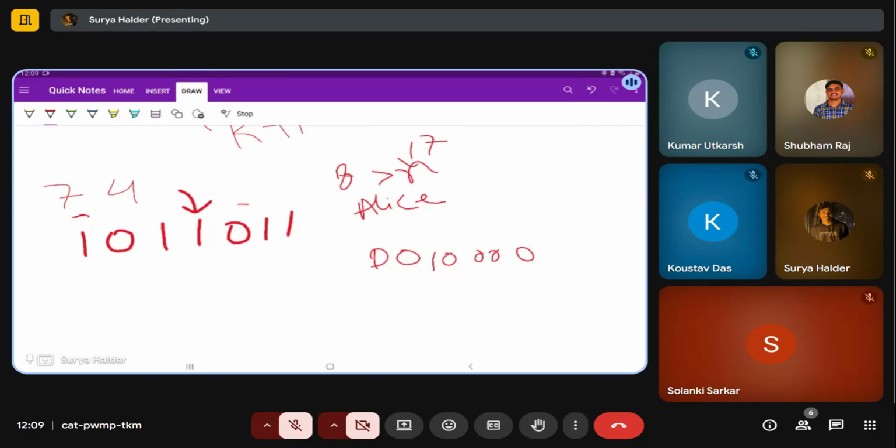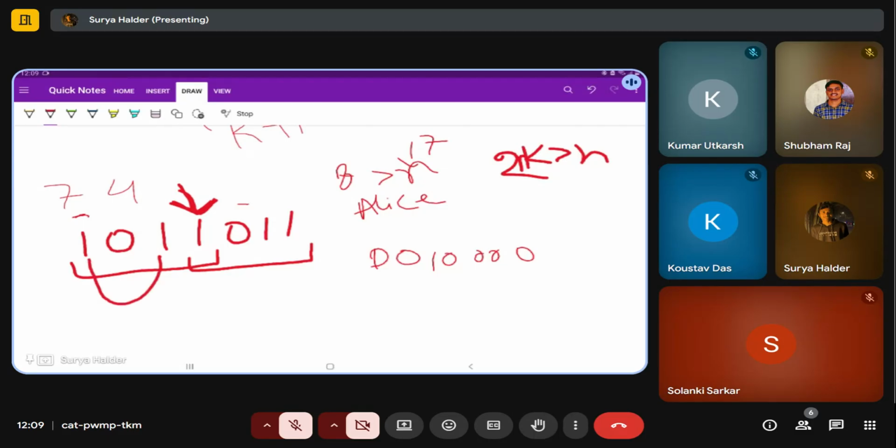Because see, if 2k is greater than n, then either you can choose this half or you can choose this half. So I will make it in such a way that this one will survive.